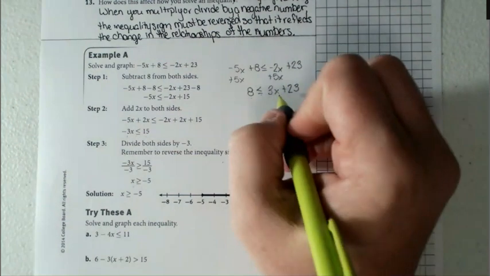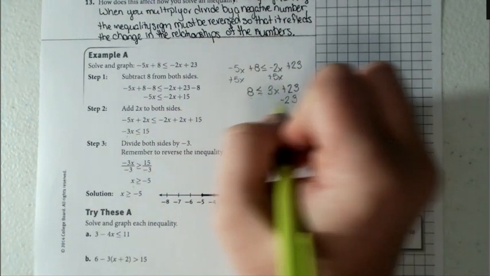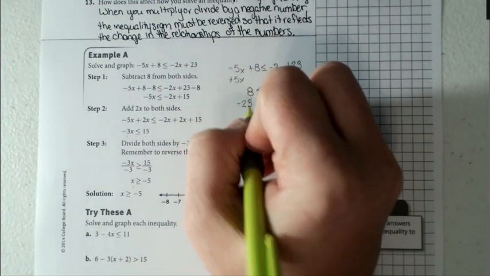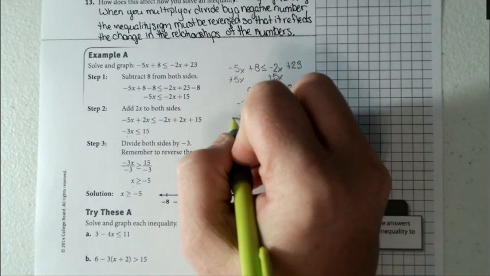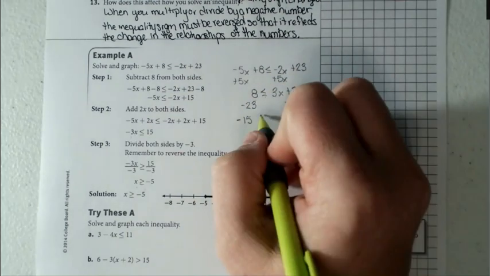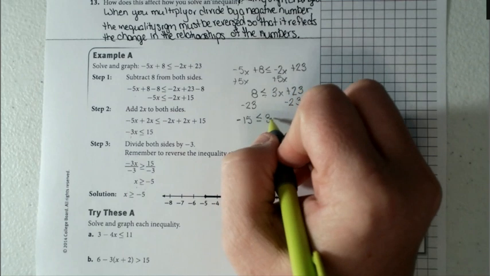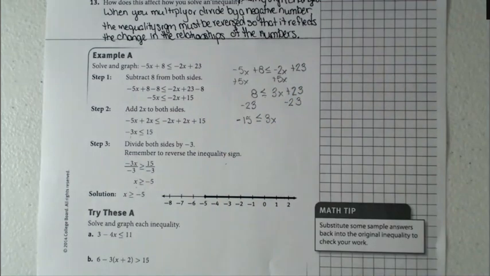The next thing we would have done is we would have subtracted 23 from both sides. And I would have negative 15 is less than or equal to 3x. Lastly, we would have divided by 3 on both sides of the inequality.